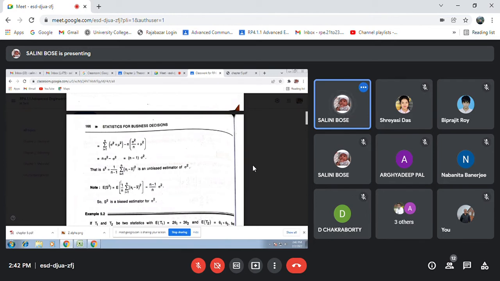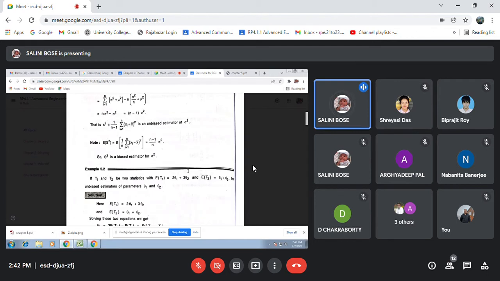That is why during sampling we always take small a square, because we know an estimator must be unbiased, and small a square is an unbiased estimator of sigma square. Clear?